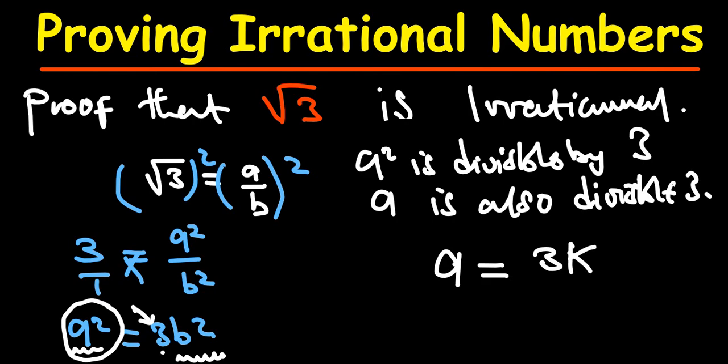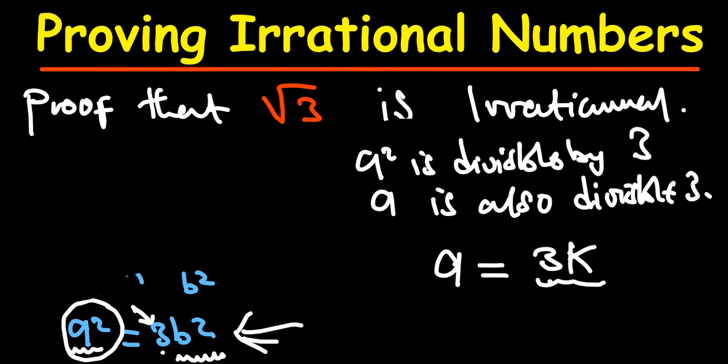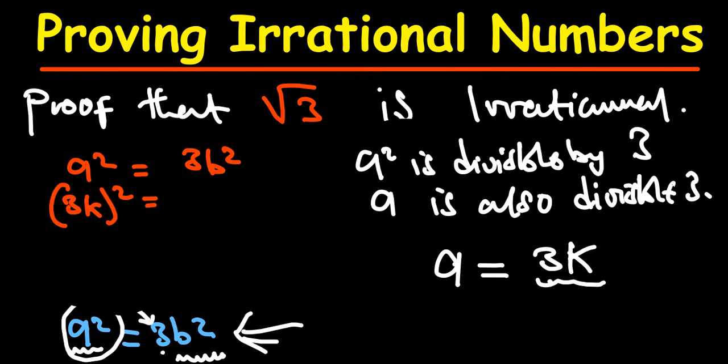And then from here we are just going to replace into this equation. Where we have a, we are going to put 3k, and we do the same thing that we did when we were proving the root of 2. So a squared is equal to 3b squared, and where there's a here we put 3k, squared, is equal to 3b squared. This gives you 9k squared is equal to 3b squared, and then divide both sides by 3.